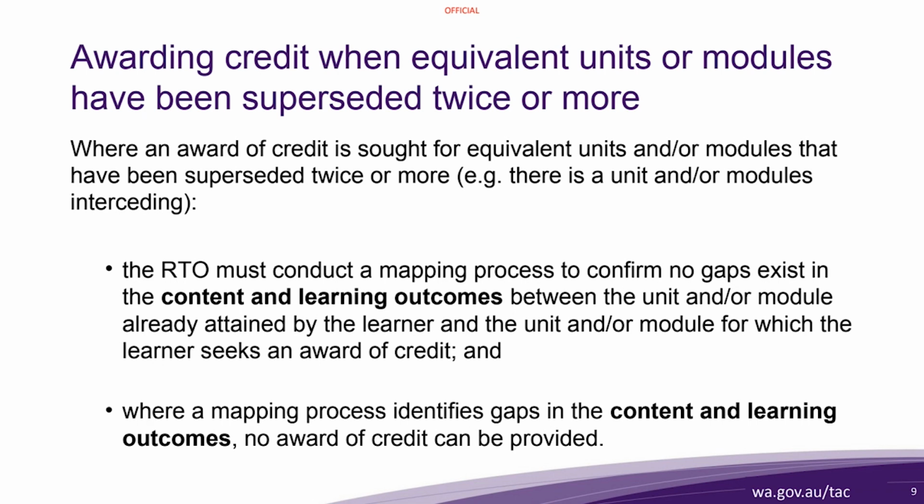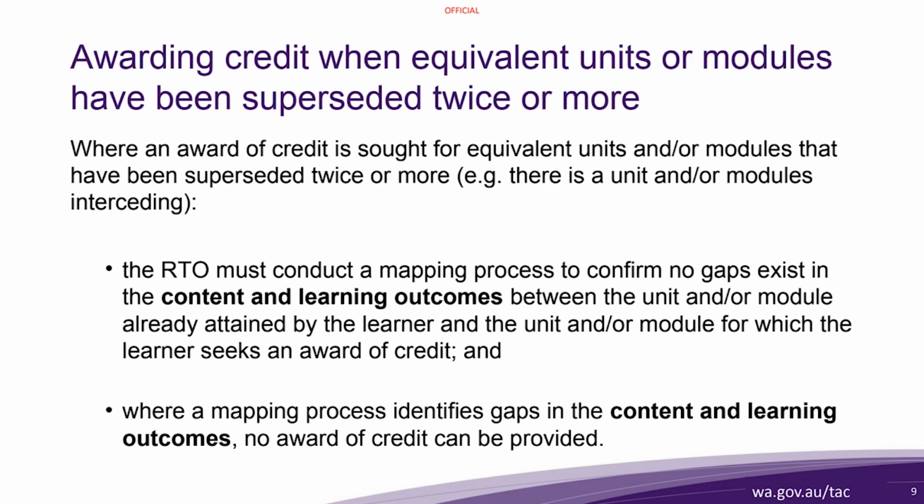So awarding credit when equivalent units or modules have been superseded twice or more becomes a bit of a challenge, because when we look at the current unit of competency, it does not mention other units of competency, only the one that immediately precedes it, and only where it says it is equivalent.